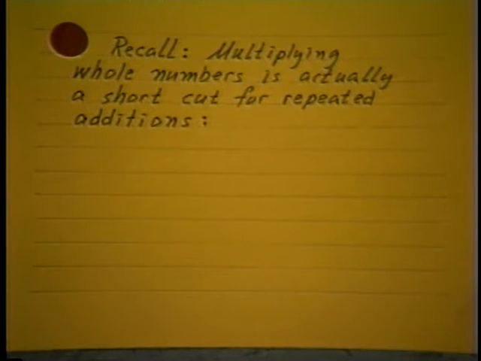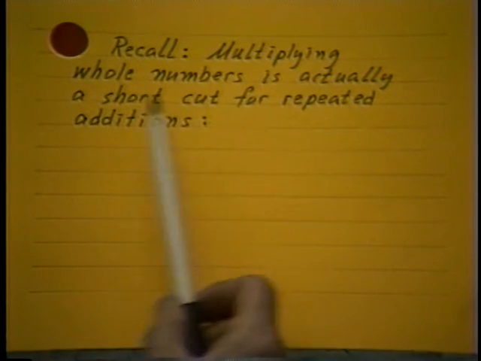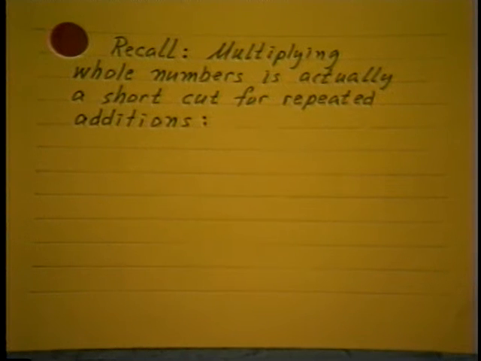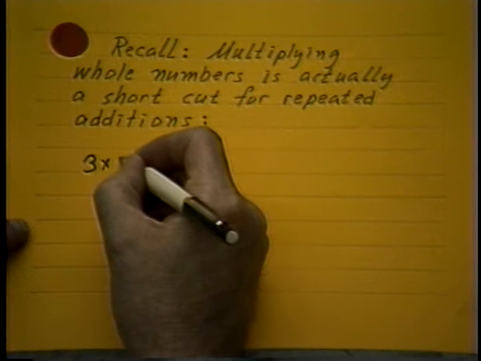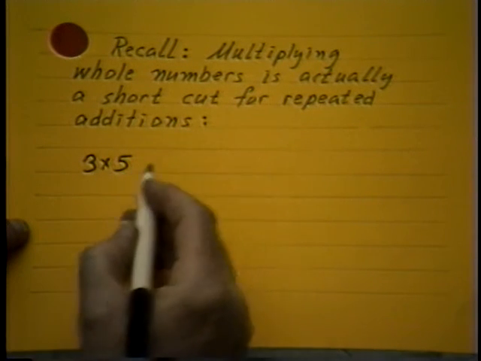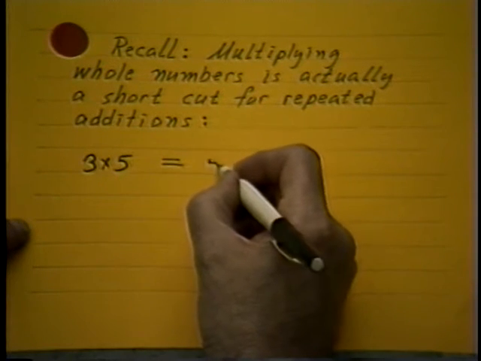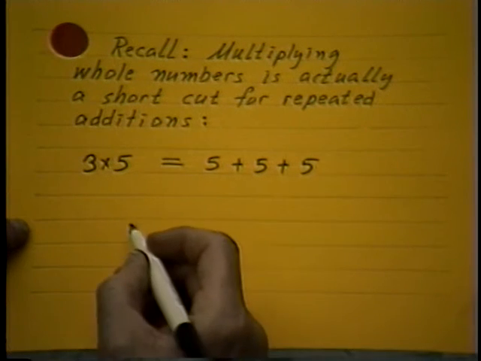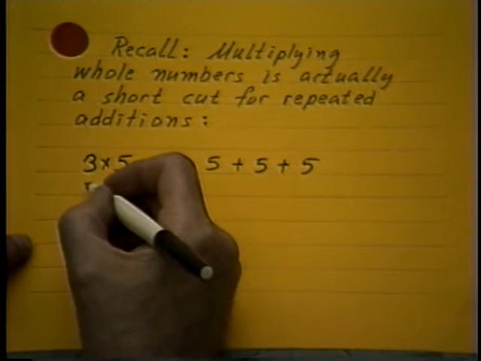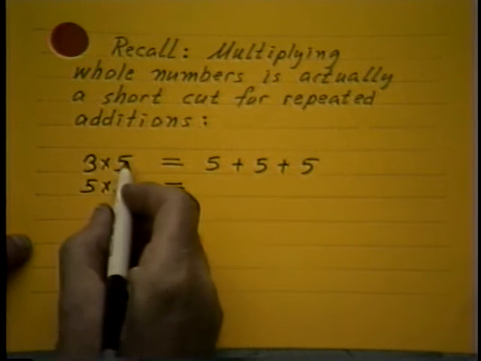For the sake of future discussions, it might be well here to remember that multiplying whole numbers is actually a shortcut for repeated additions. Originally, 3 times 5 was a symbol invented to mean take 3 of those and add them together. And you can see by that definition, 5 times 3 means something different from that.